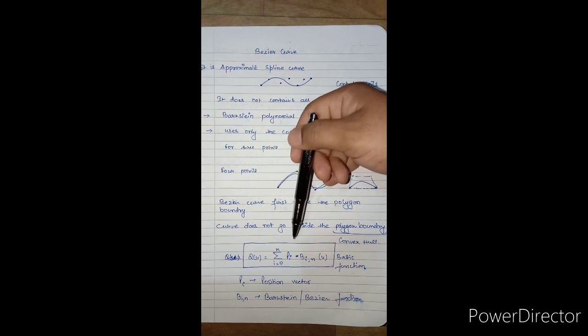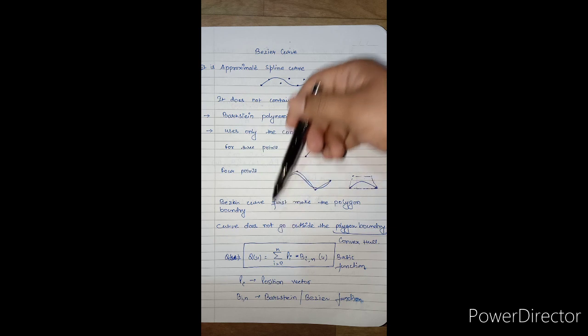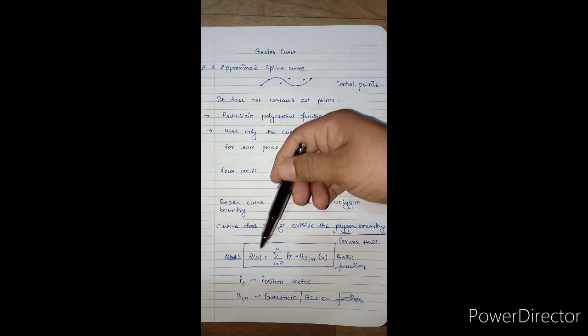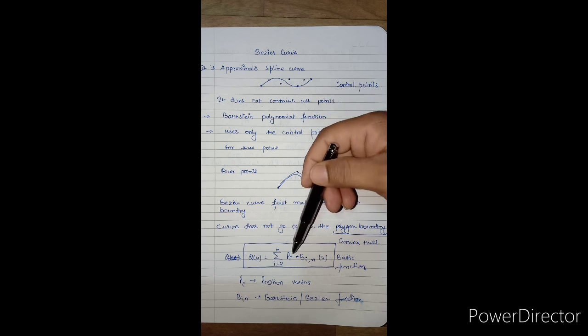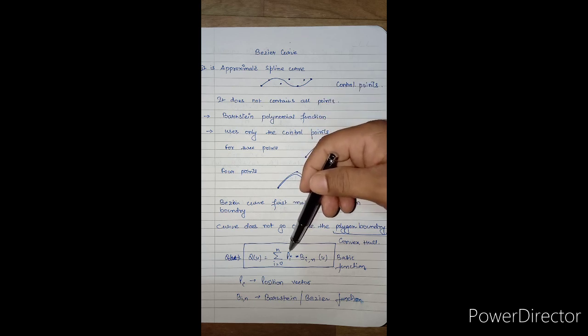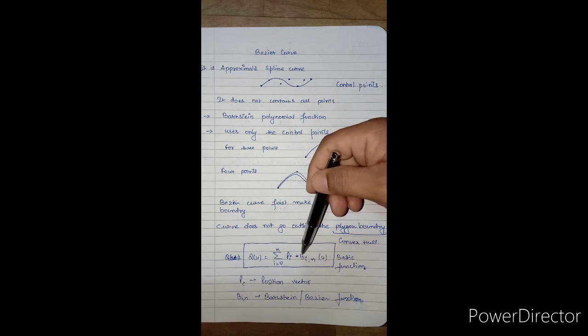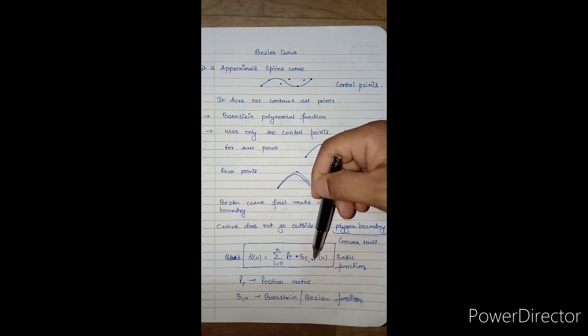Now let us see the basic function of the Bezier curve. This is the basic function of the Bezier curve. Here in this function, pi is the position vector, and bin is the Bezier or the Bernstein function.